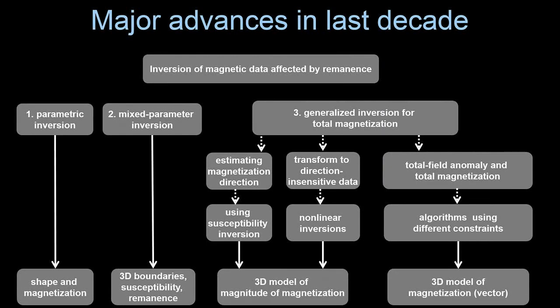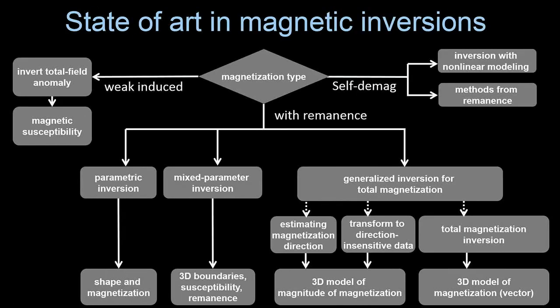So a quick summary. This is really what I think is the state of the art in terms of inversion in the presence of remanent magnetization. That same chart I showed, but put this in the context of the state of the art of magnetic inversion in general. We can do 3 scenarios: weak induced magnetization, and we just discussed a whole bunch of methods in the case with remanent magnetization.